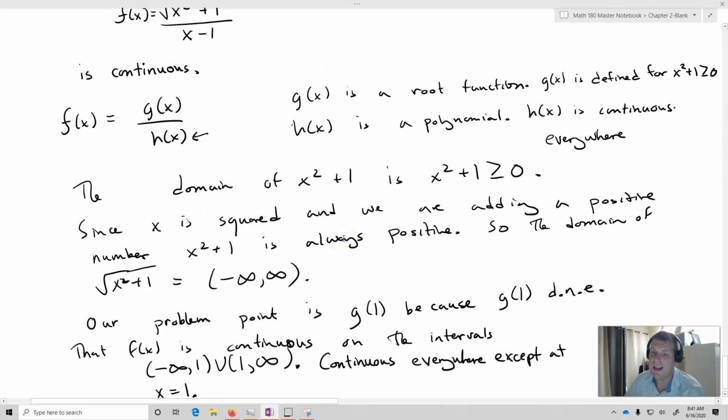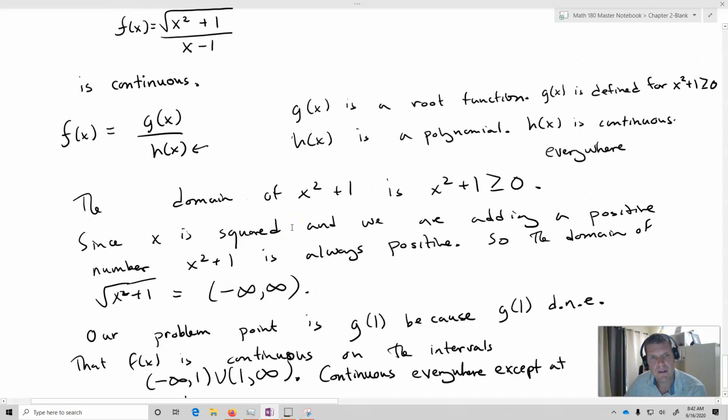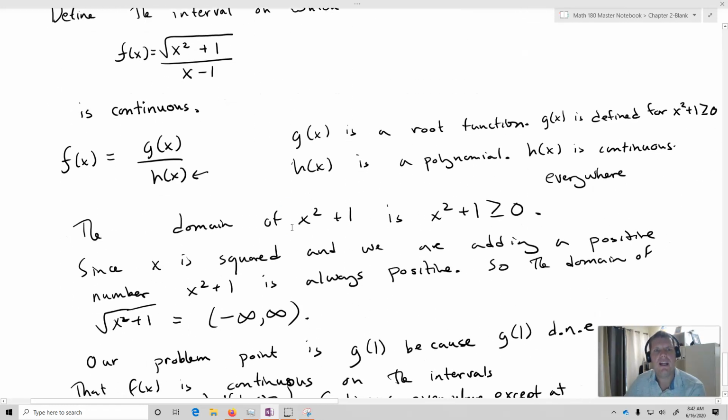So let's look at what exactly we did here. Because this is a mathematical explanation, and continuity does a lot of this kind of stuff. I'm going to define the interval on which f of x equals the square root of x squared plus 1 over x minus 1 is continuous. Now, this is a division of two functions, so I'm going to think about the top and the bottom individually.